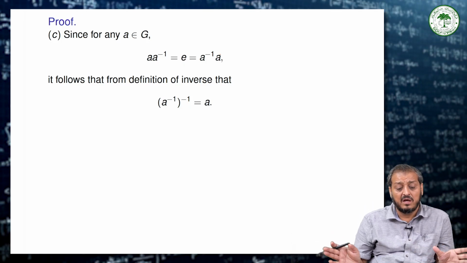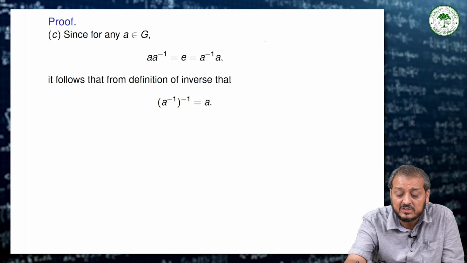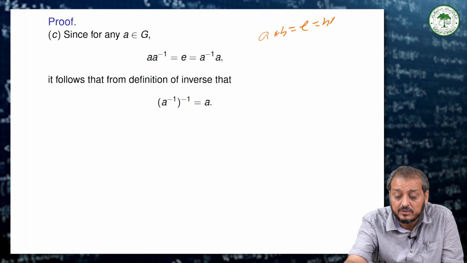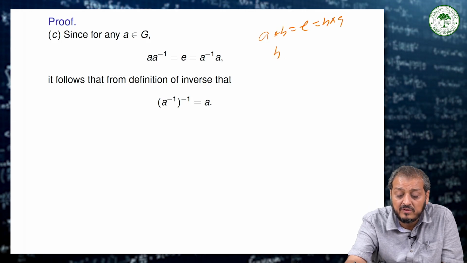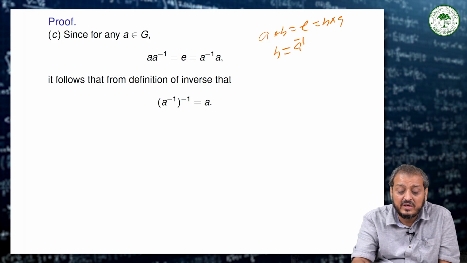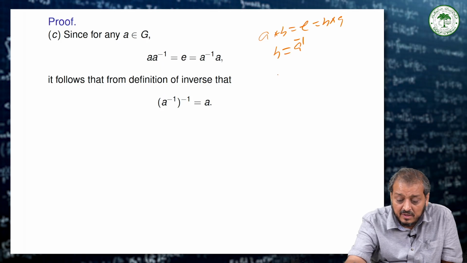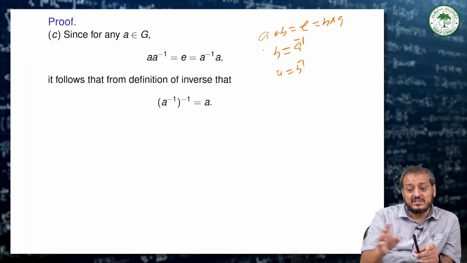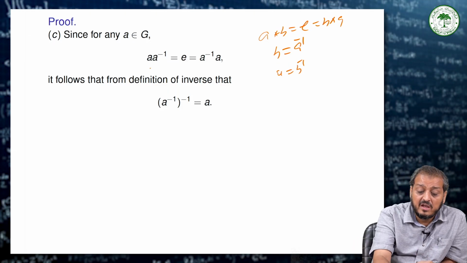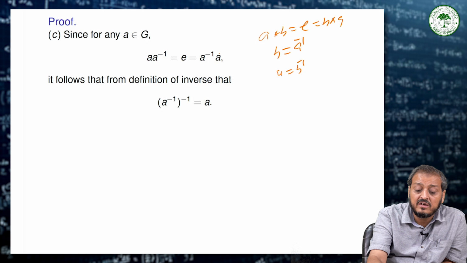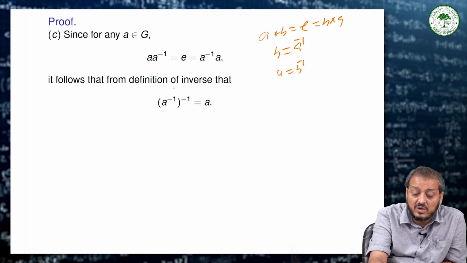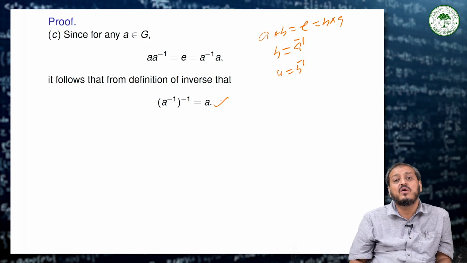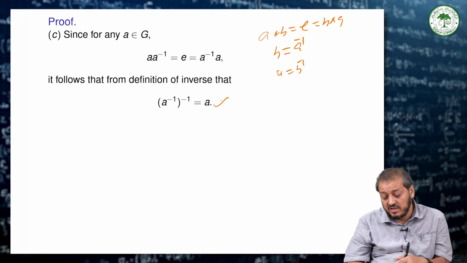By the definition of inverse, if A composition B is equal to identity is equal to B composition A, then B is equal to A inverse, and vice versa. So by this definition we can simply say that the inverse of A inverse is equal to A. So this is trivially proved in this case.